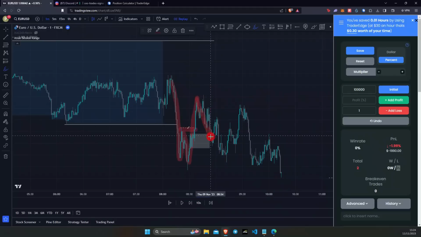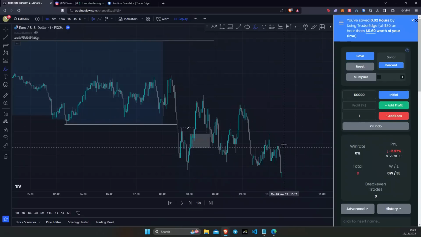So now we're expecting a higher low before giving us a higher high, right? But unfortunately, price came into this area right here and immediately took us out. So this was another loss on the Thursday. So we can add that straight into our backtesting software.